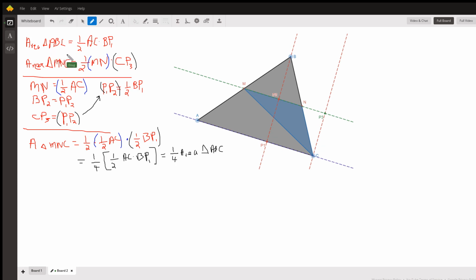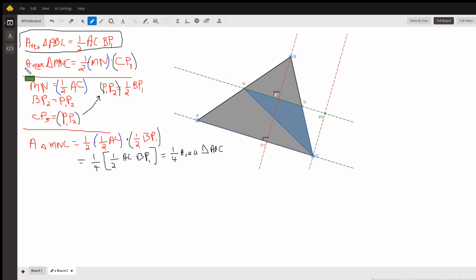The area of triangle ABC is using 1/2 base times height. AC is this side. The height is an altitude, so that's a right angle. And so is this, because these lines are parallel by the midpoint theorem. So BP1. There's a formula for the area of triangle ABC right there.